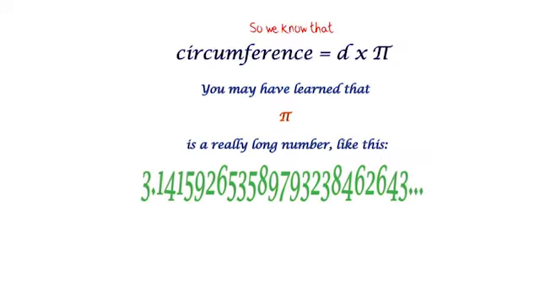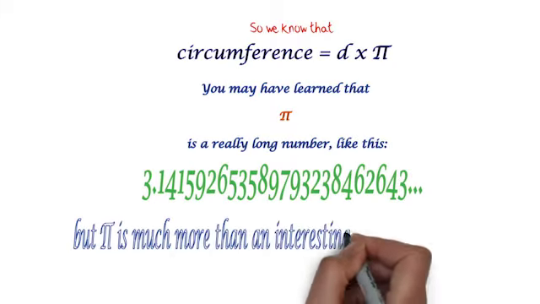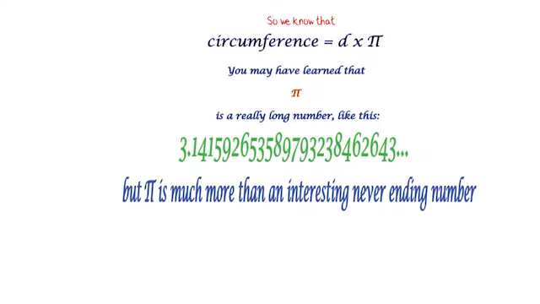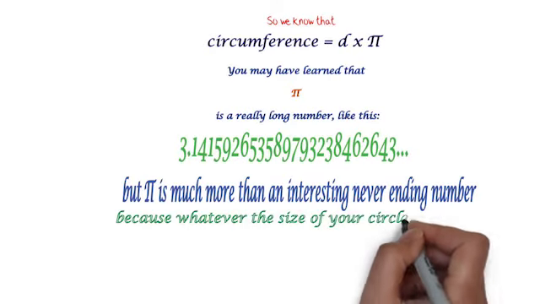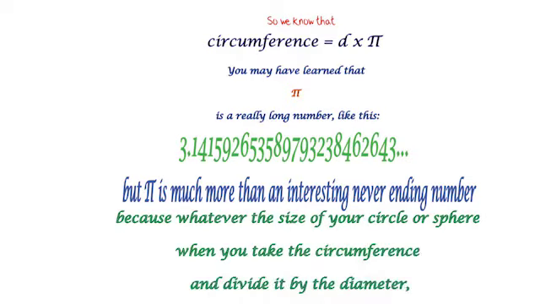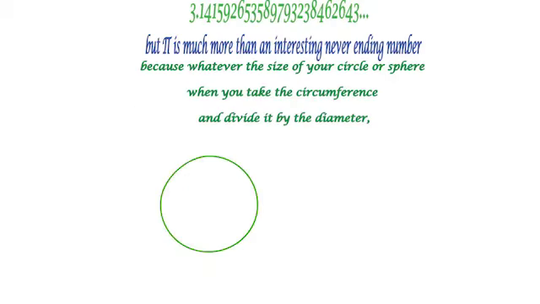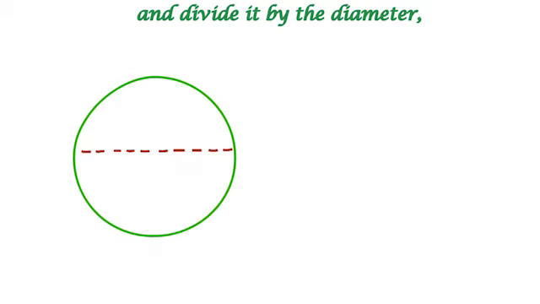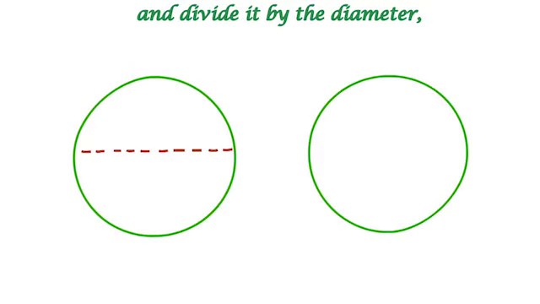But pi is much more than an interesting, never-ending number, because whatever the size of your circle or sphere, when you take the circumference and then you divide that by the diameter, you always get 3 and a little bit, and that's the number pi.